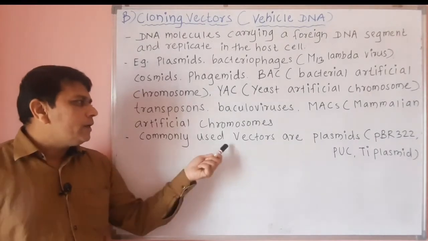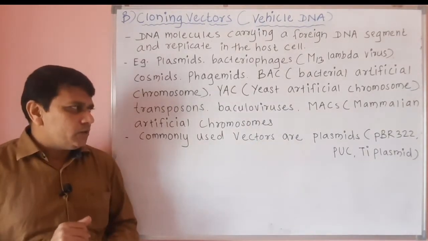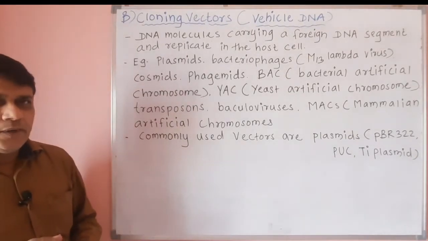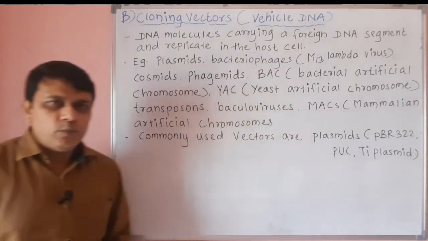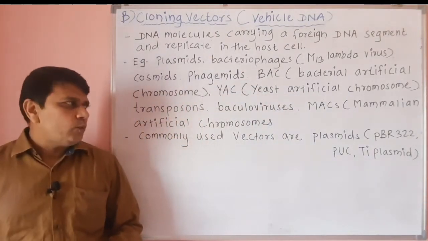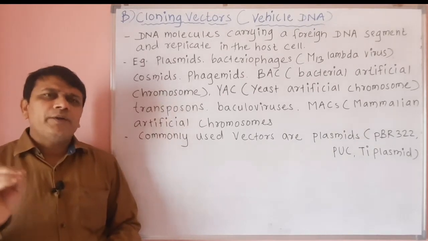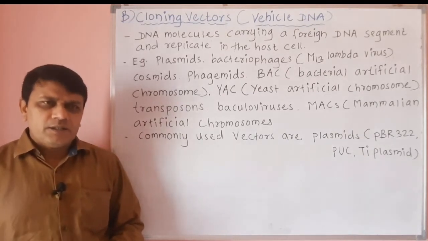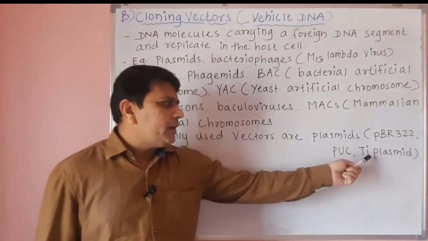The commonly used cloning vectors are mostly plasmids. The common plasmid which is used is pBR322. Now pBR322 is modified with marker genes. Then pUC and Ti plasmid.